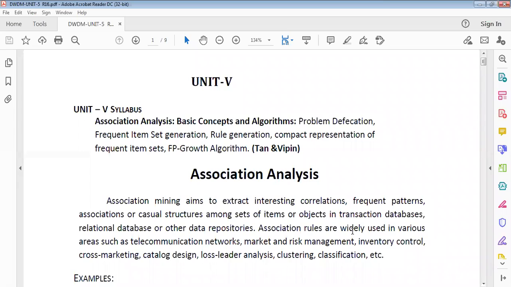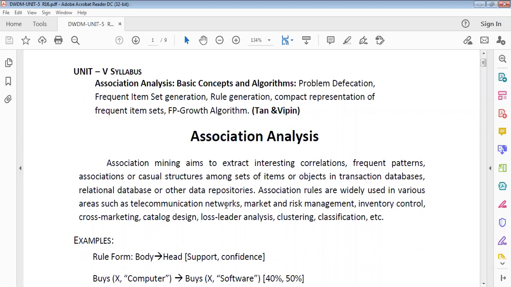That is simply called association mining. Association rules are widely used in various areas like telecommunication networks, risk management, inventory control, cross marketing, catalog design, clustering and classification. In all these cases, we use association analysis.